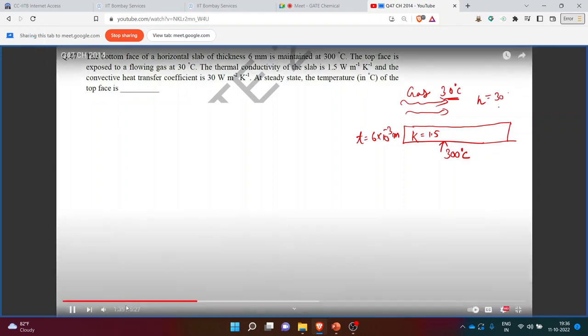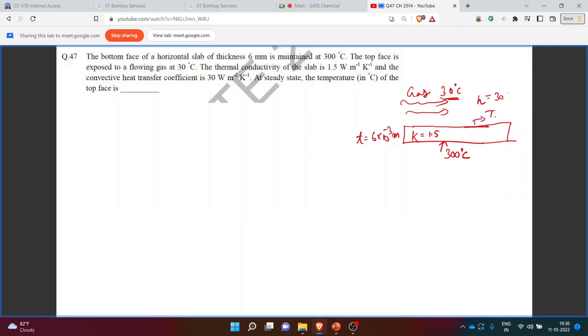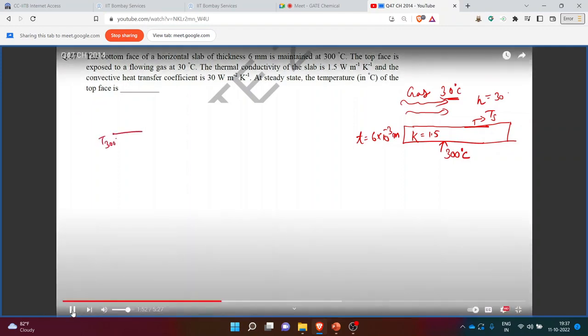At steady state, we have to find the temperature of the top face. Let's call it the temperature at surface, that is Ts. Initially we have been given the temperature as 300 degrees Celsius.